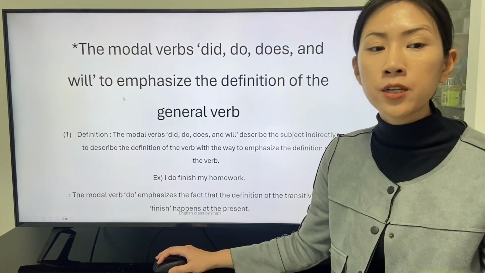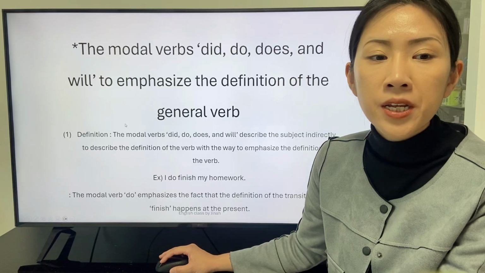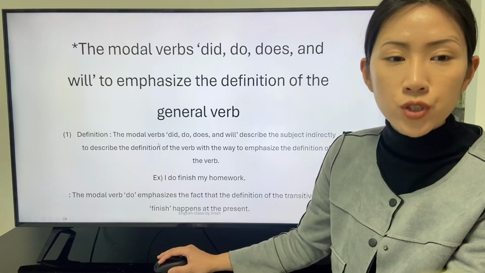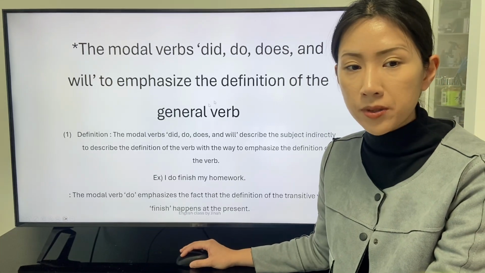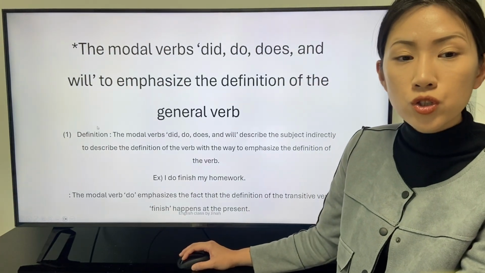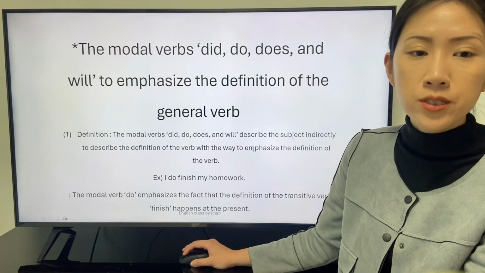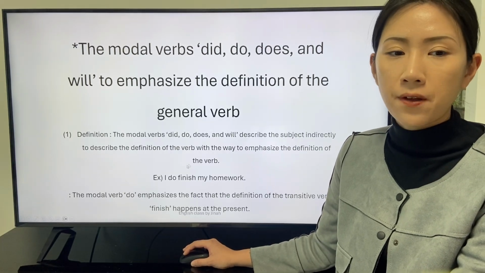The definition of the modal verbs is this. The modal verbs did, do, does, and will describe the subject indirectly to describe the definition of the verb with the way to emphasize the definition of the verb.